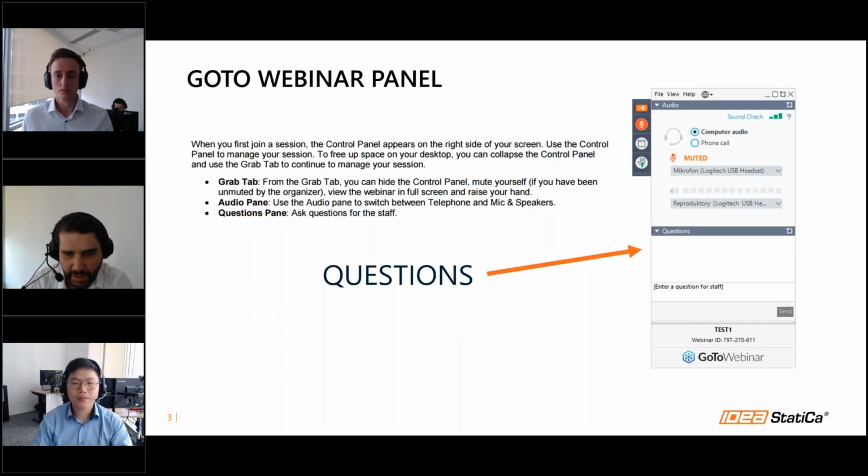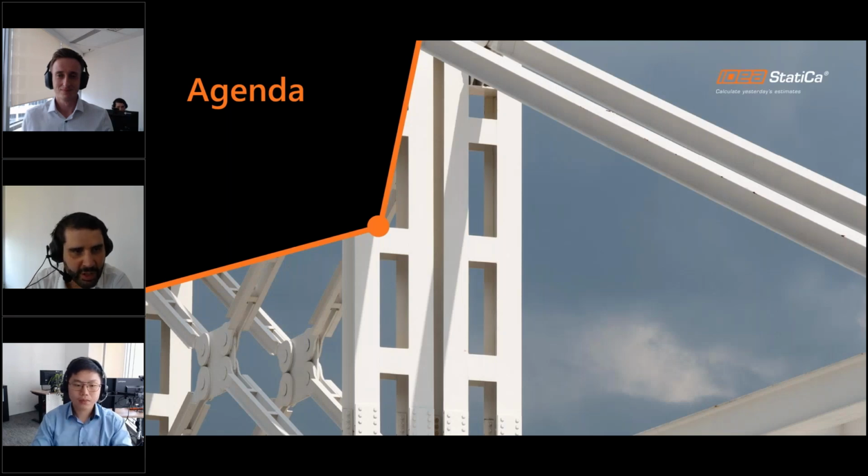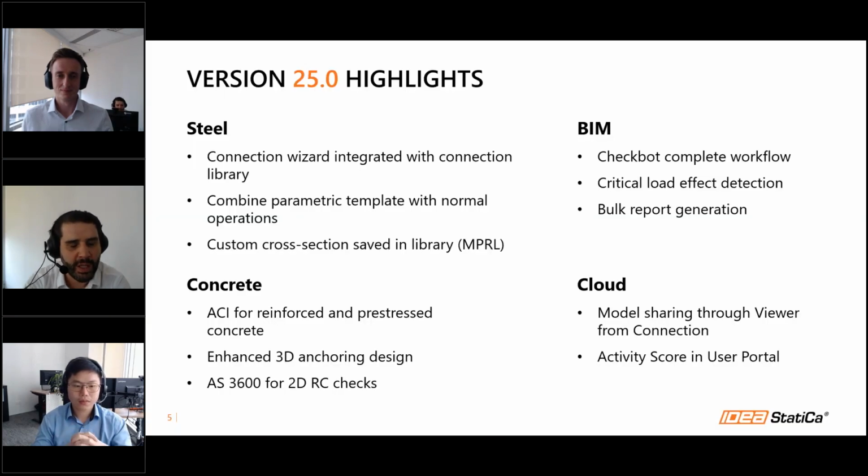Next slide. It's a bit slow. So what's the agenda today? We split the webinar into 4 parts. The first part will be about improvements in steel, and the highlights are the new connection wizard with integrated connection library. Also, we have parametric templates, combined with normal operations.